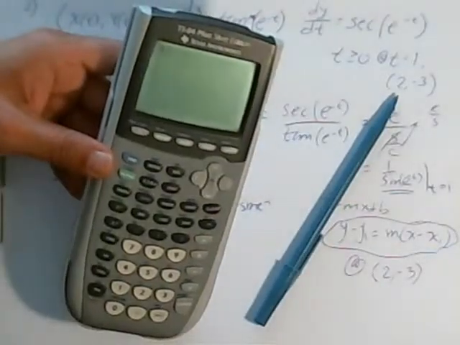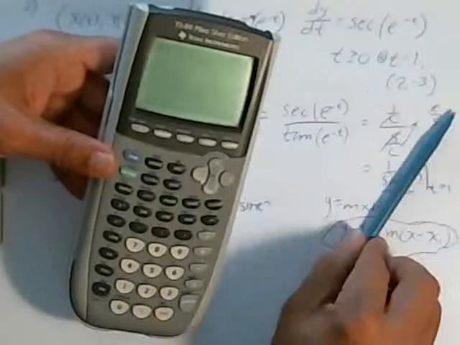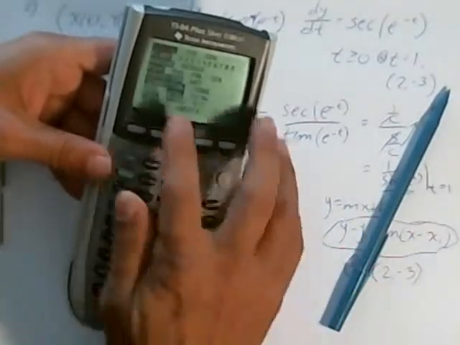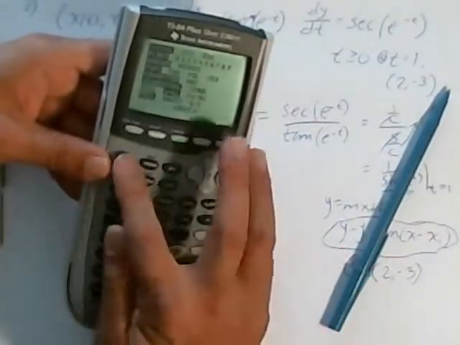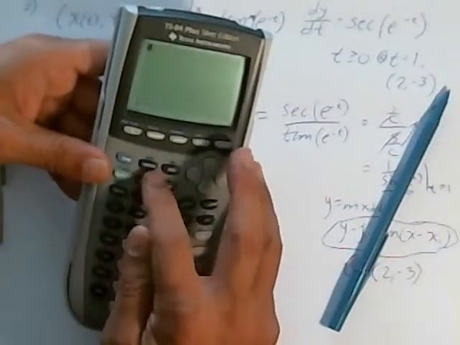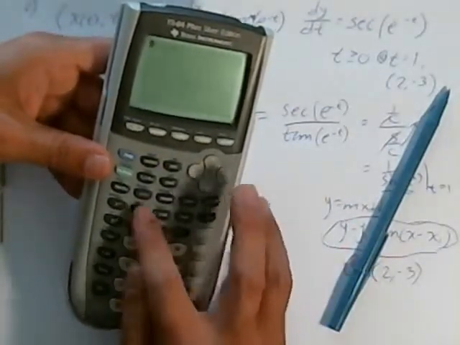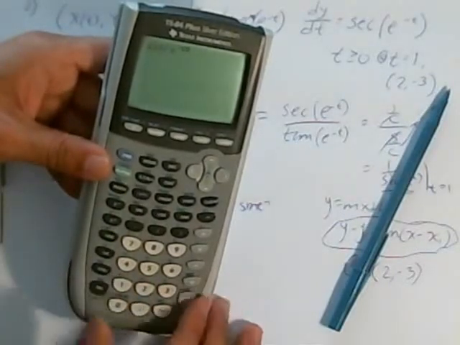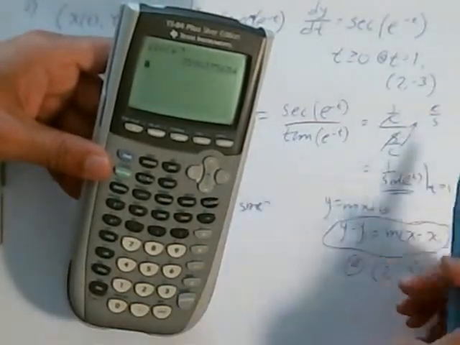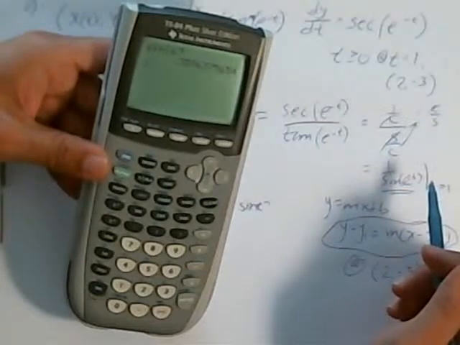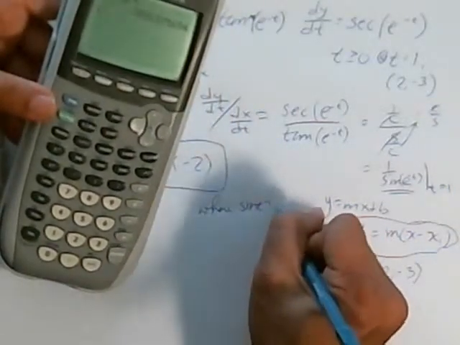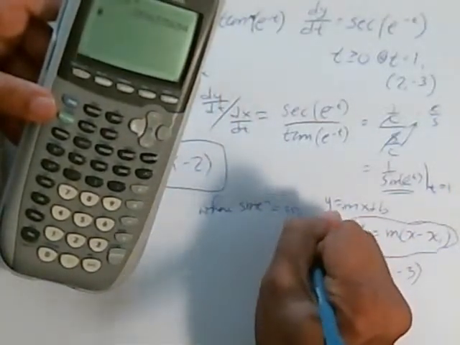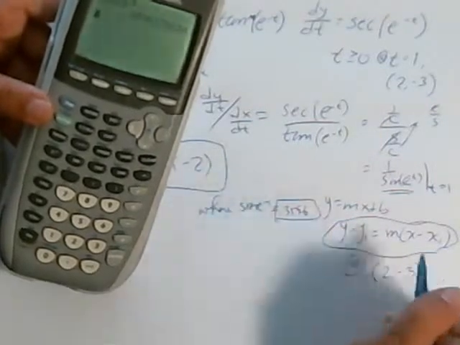Let me open this up. You have to make sure you're in radians mode right here. So check the mode, make sure you're in radians, and take the sine of e to the minus 1. That should be approximately 0.3596.